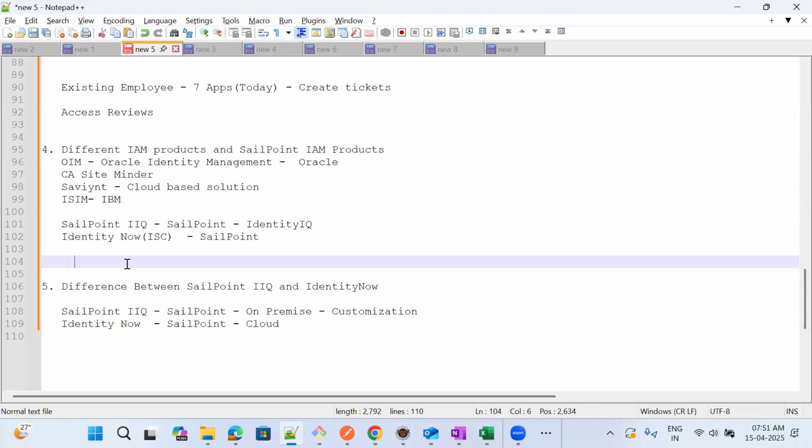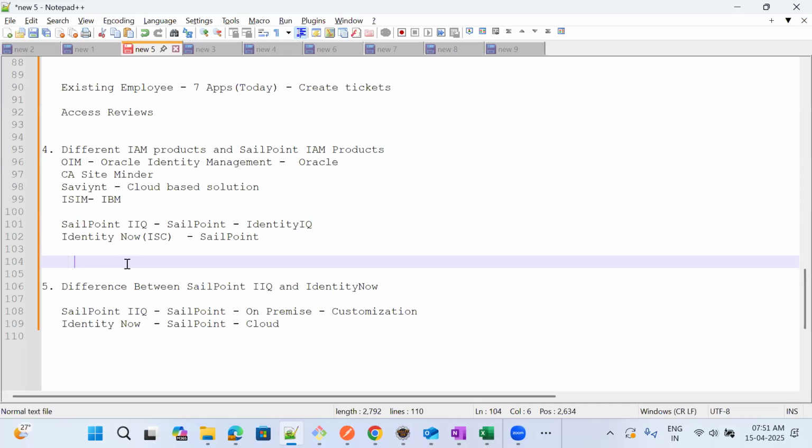And can you explain more about the differences between an on-premise application and a cloud application? I'm not sure, Kalyan. I know only this, that on-prem will store in a database, but in Identity Now we have a cloud platform.